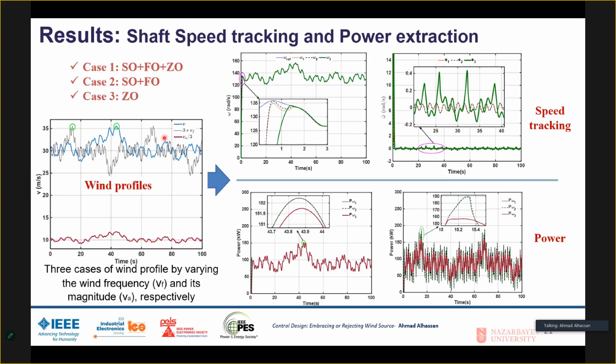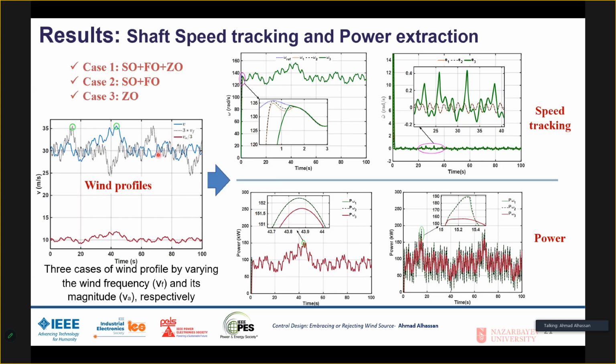Then we consider a case where we only use the zero order estimator. These three cases will give us insights into the influence of those observers, of the varying nature of the torque or the wind, on our control and on the generation of power.